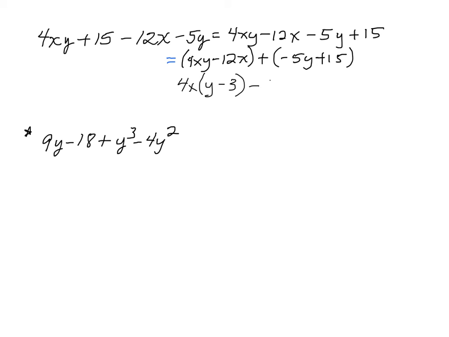I want to take out the negative 5, change the sign to positive y, change the sign to negative 3, which is what we wanted. Then we can factor out y minus 3, and it leaves us 4x minus 5. That's factored. Now let's try the next one. Let's leave it the way it is and try to group it.